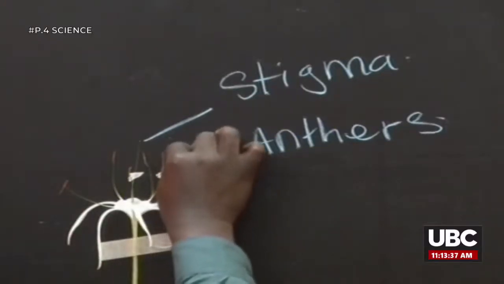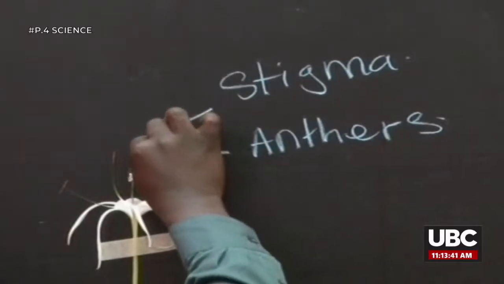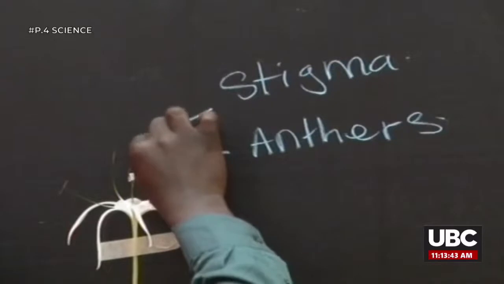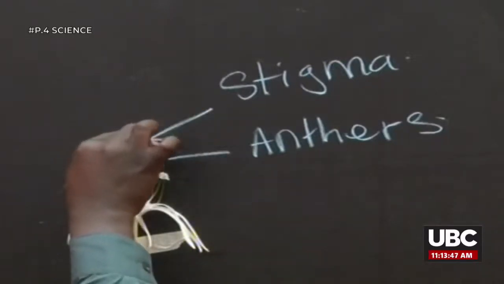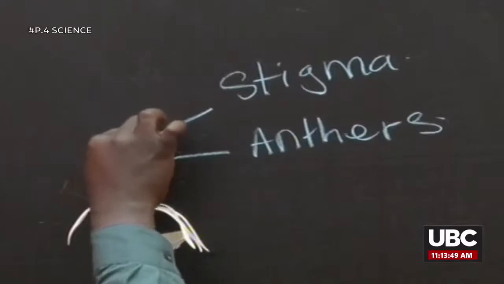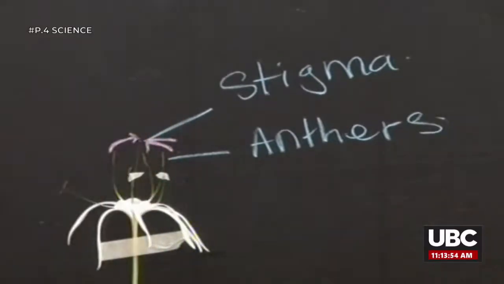Pollen is moving from the anthers to the stigma. But where is it coming from? It is coming from the same flower. Once this happens, children, we give it a name.